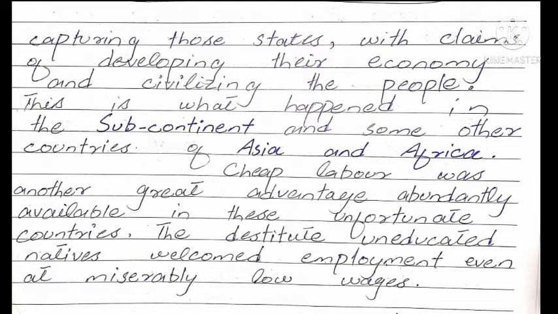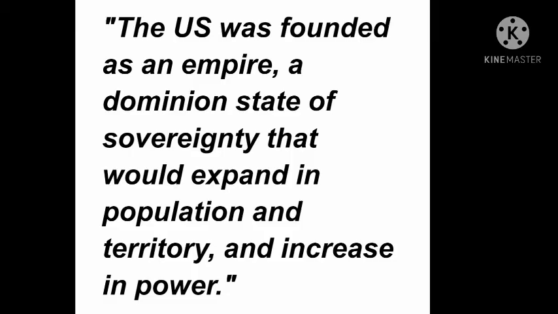This is what happened in the subcontinent and some other countries of Asia and Africa. Cheap labor was another great advantage abundantly available in these unfortunate countries. The destitute, uneducated natives welcomed employment even at miserably low wages.